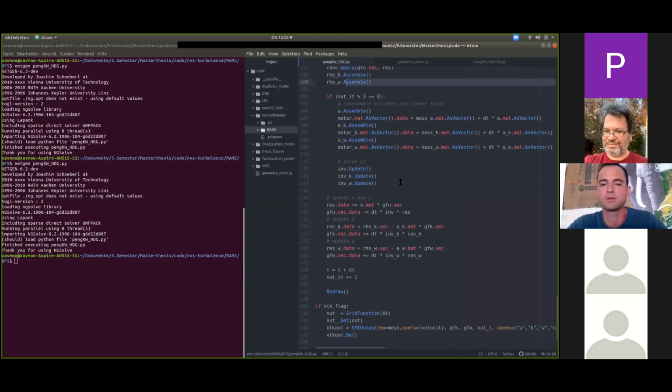And then, since nu t is no longer constant, not like in the Navier-Stokes equations where we have the normal kinematic viscosity, which stays constant, here we have a variable which really depends on our flow quantities. So we also have to reassemble our A matrix and our M star matrix.